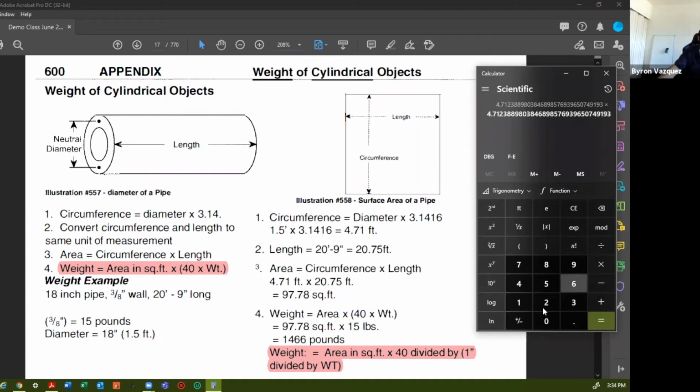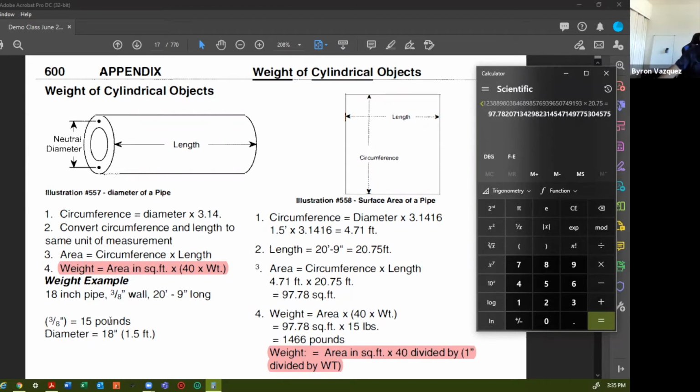So we'll multiply, we've calculated our circumference, and now we're going to multiply our length to get our total surface area. Okay, so now we have square feet, we have 97.78 square feet. So we're about halfway there. We need to calculate the weight.